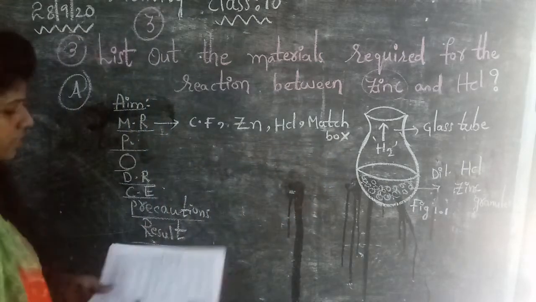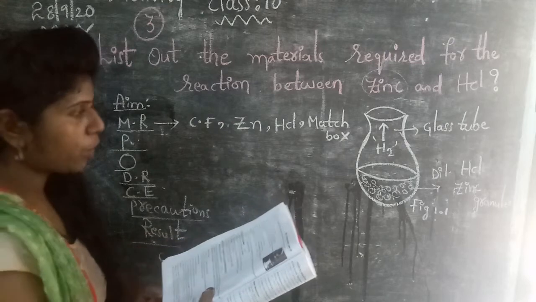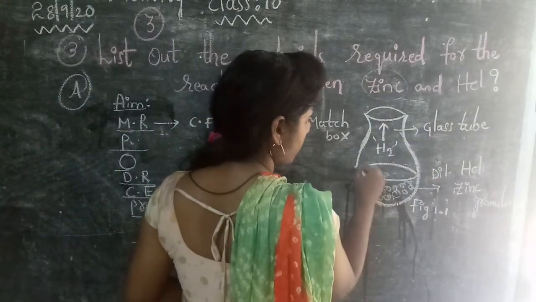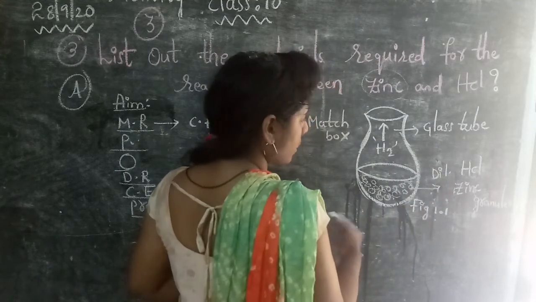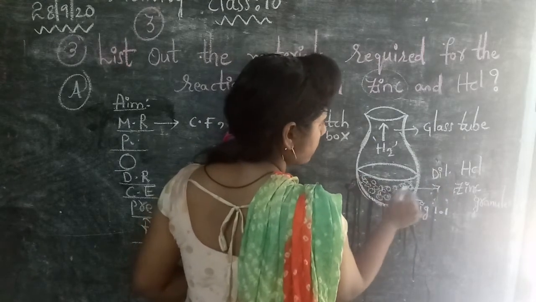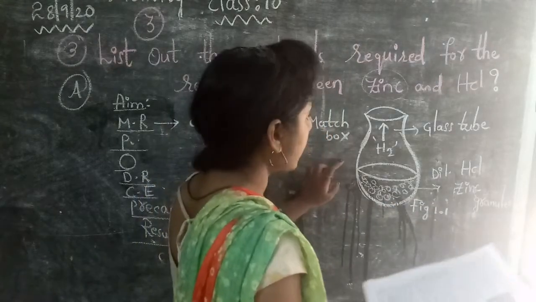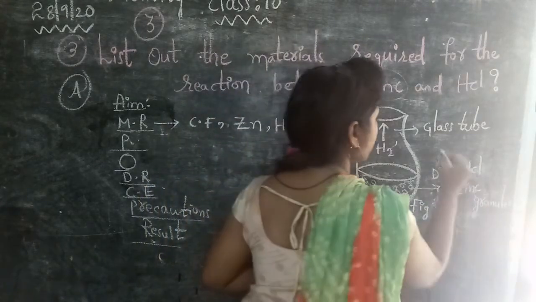Next is the procedure. First point is, let us consider a conical flask. Add a few pieces of zinc. Then add 5 ml of dilute hydrochloric acid.